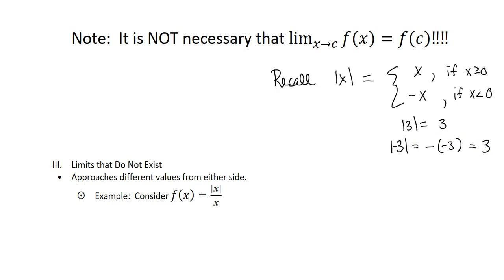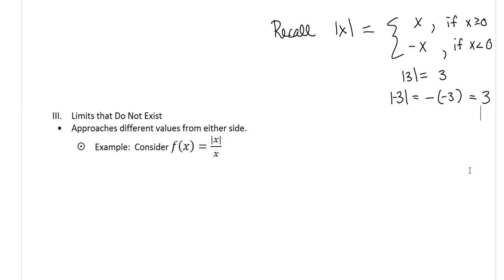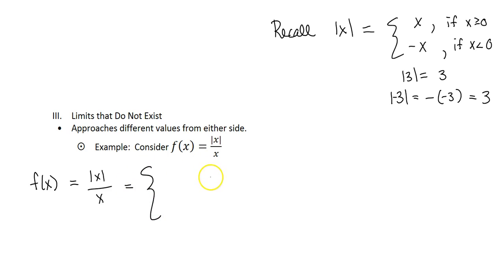So this is an algebraic way to define the absolute value of x as a piecewise function. The reason we want to do that is because we need to talk about the absolute value of x divided by x. So f of x is the absolute value of x divided by x, which we can split up into a piecewise function.